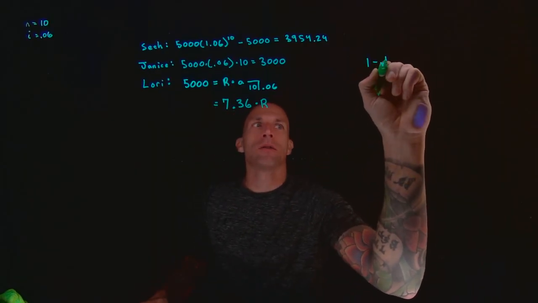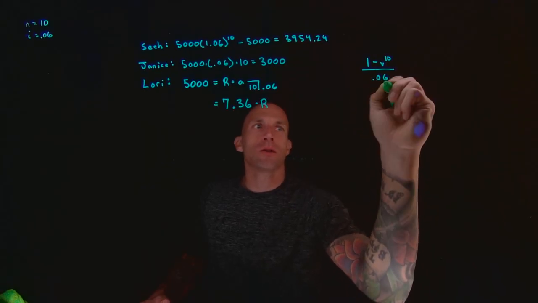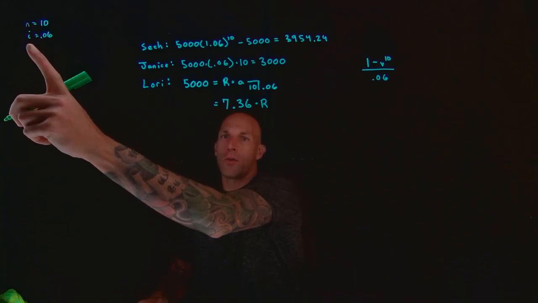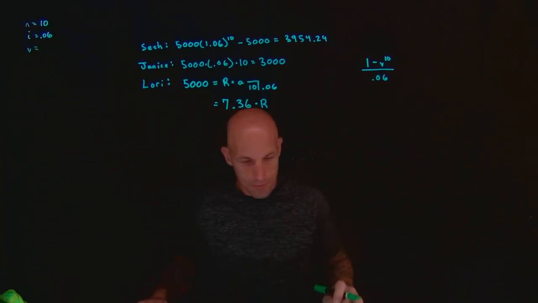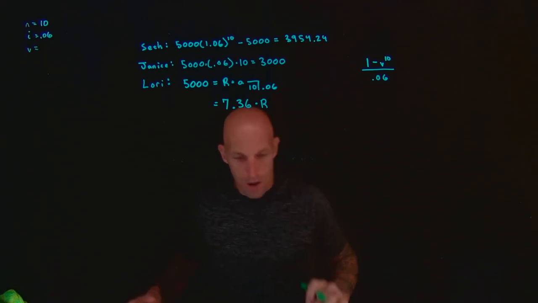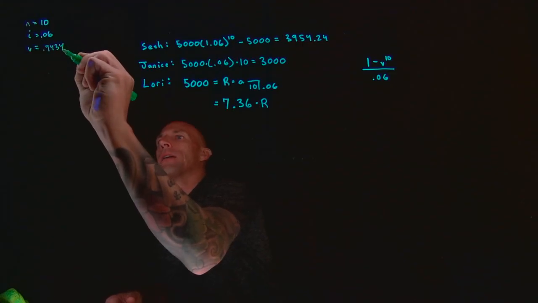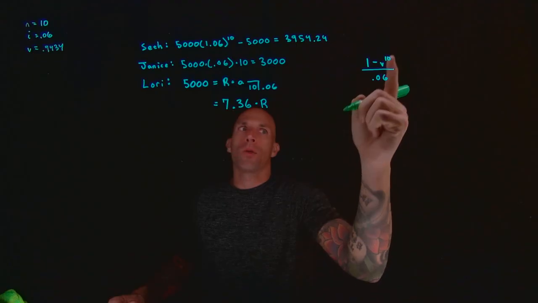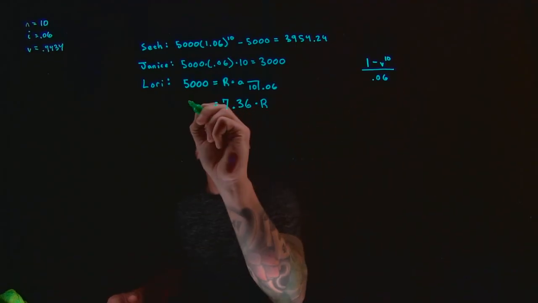That is (1 minus v to the 10) over 0.06. v is 1 over 1 plus i. So v is 0.9434. So (1 minus 0.9434 to the 10) over 0.06 will give you this value here.